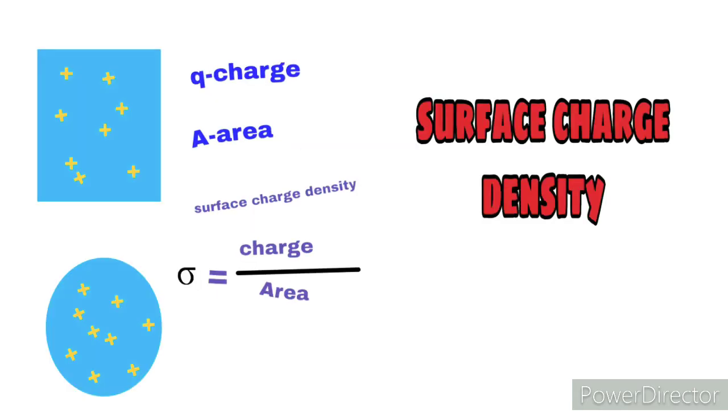Next is the surface charge distribution. If we consider a charge Q uniformly distributed over a surface area A, then the surface charge density is defined as charge per unit area.